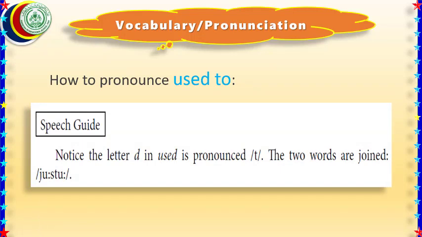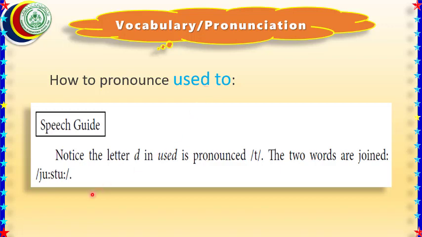Dear students, used to. Let us try to learn its correct pronunciation. Notice the letter D in used is pronounced as T. The two words are joined. Used to, when they are joined, they will be read as "used to".